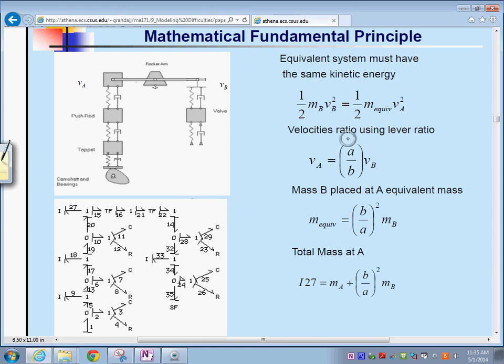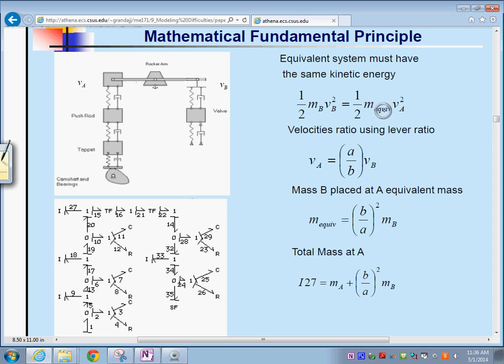We know that the relationship between the velocities of A and B is like this through the lever ratio, and that the mass B placed at A would be an equivalent mass.